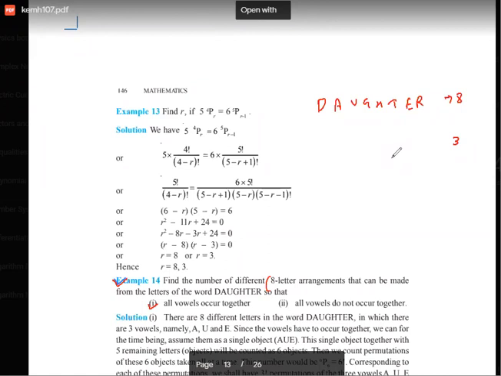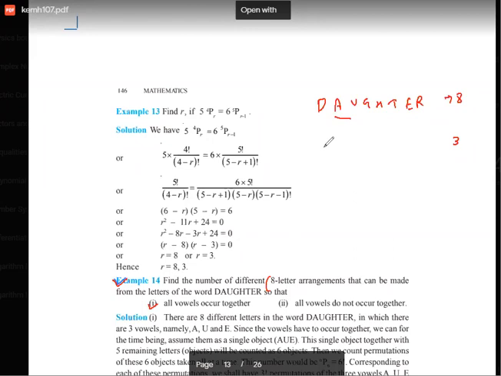Now, what do we need to do here? That's the concept. You have to keep all the 3 vowels together. So is it special case 1 or special case 2? Case 2, right? So we will assume A, E, and U as one element.